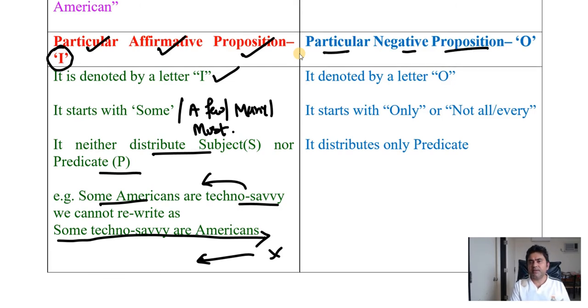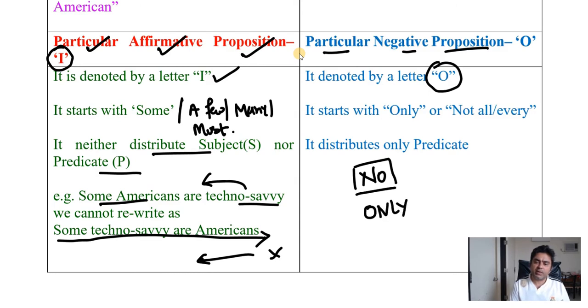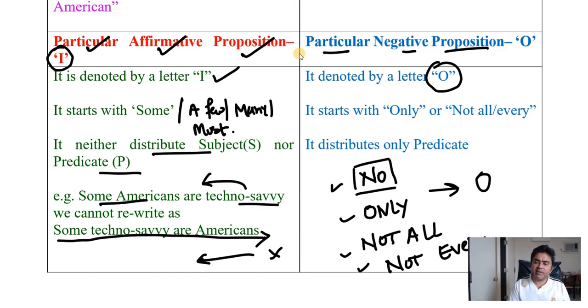So whenever you come across the words no, or only, or not all, or not every, these four words, it means that statement is an O type of proposition, and an O type of proposition is a particular negative proposition, and it only distributes the predicate.